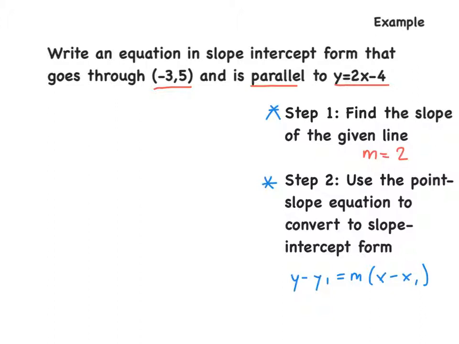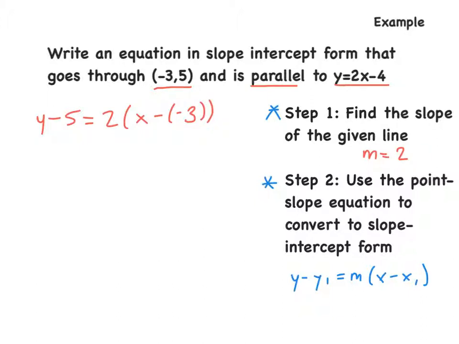So if we have y minus, what's our y1? y1 is 5. y minus 5 is equal to, our slope is 2, in parentheses x minus our x1, which is -3. So there we go.